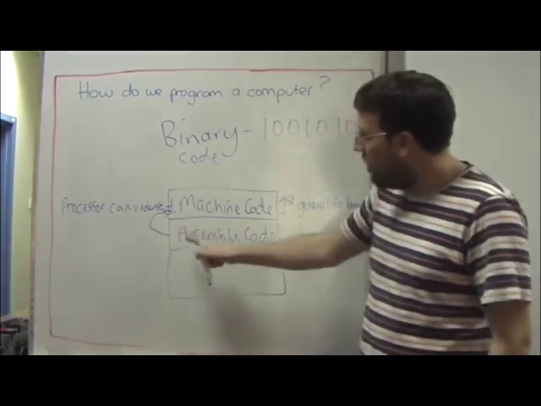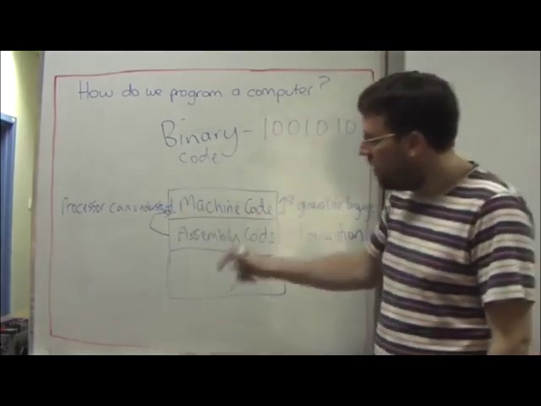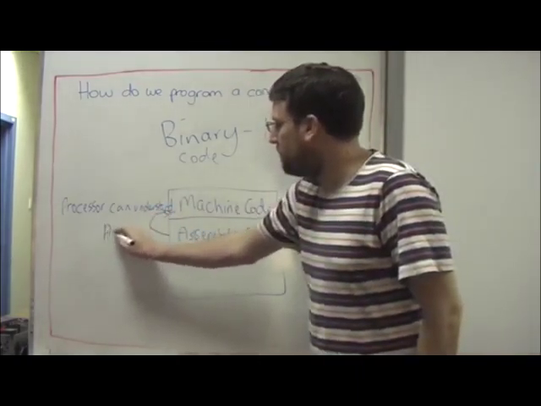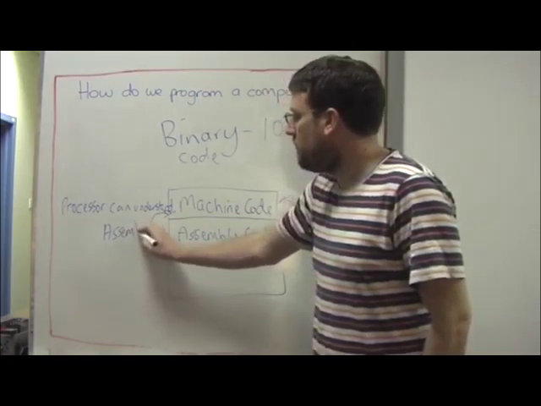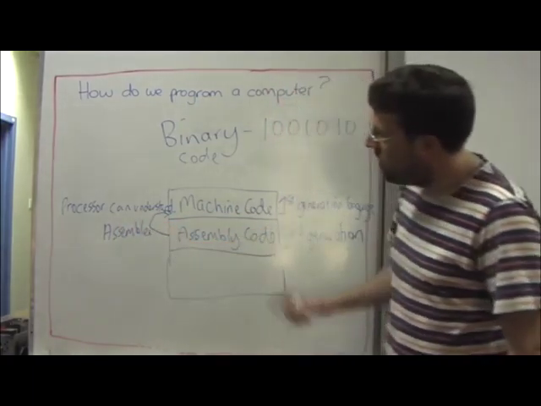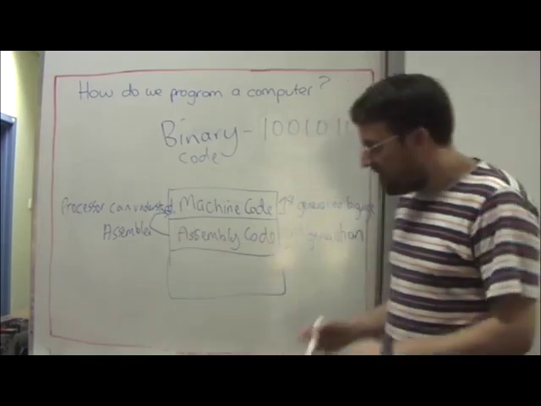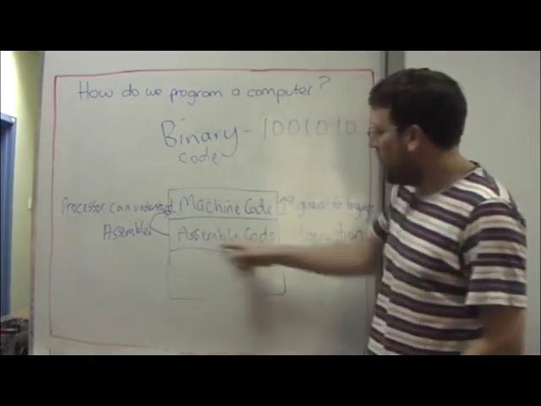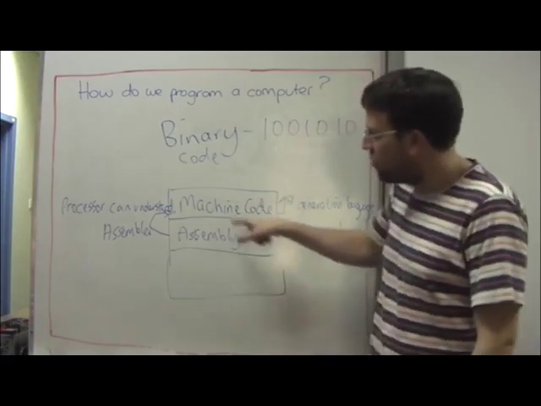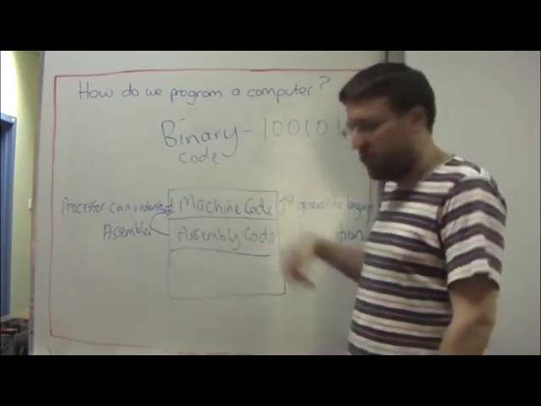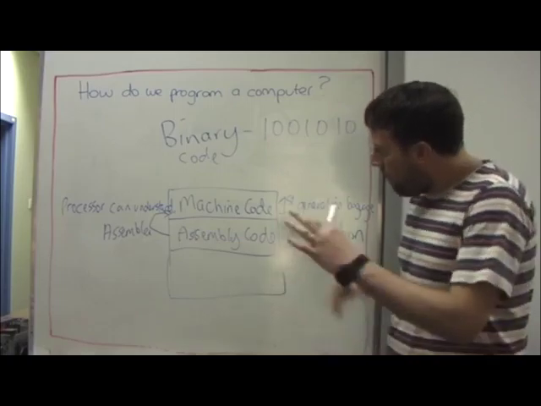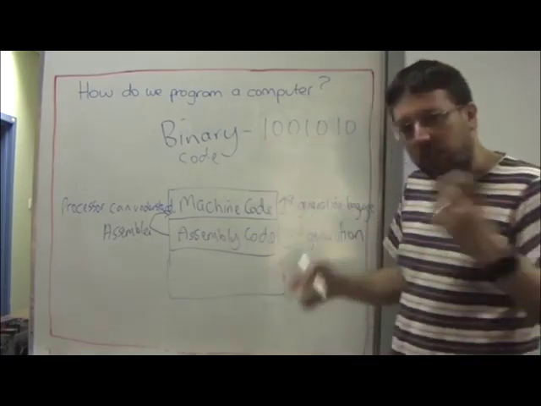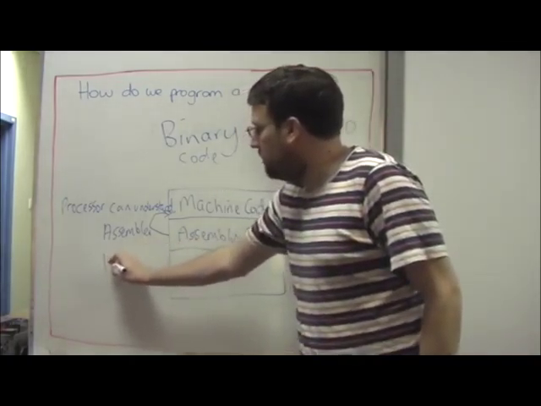To go from assembly code to machine code, we need an assembler. An assembler translates those English words, those mnemonics that represent the machine code instructions, into machine code instructions. Between assembly code and machine code, there's a one-to-one relationship.